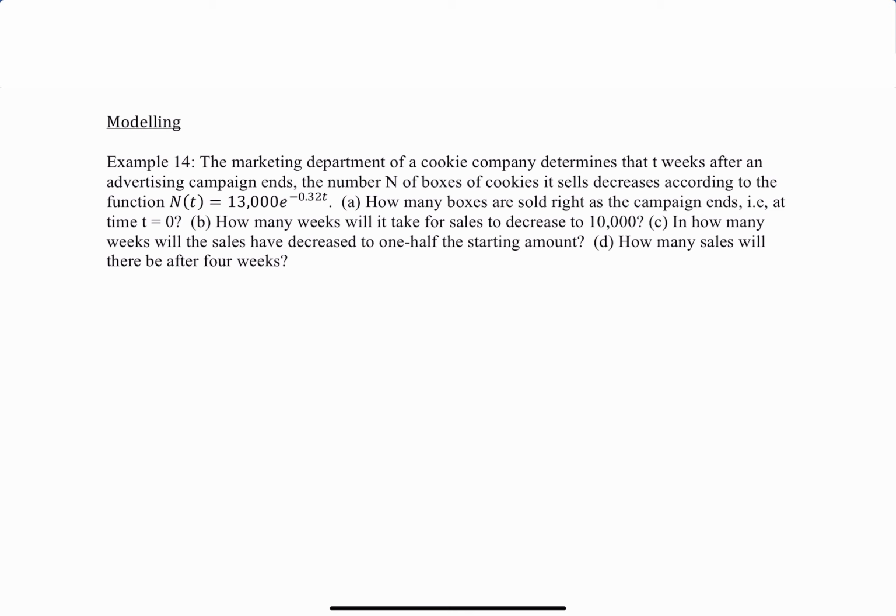First, how many boxes are sold right as the campaign ends, i.e. at time t = 0? So in this part of the problem, they are giving us a t value to plug into our function. In other words, we're being asked, what is N(0)?